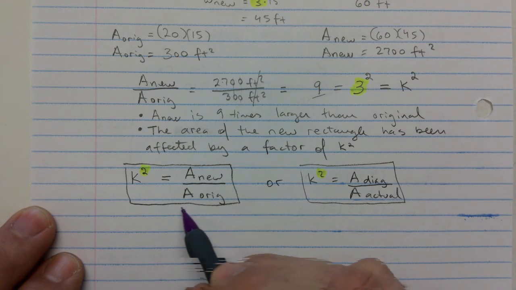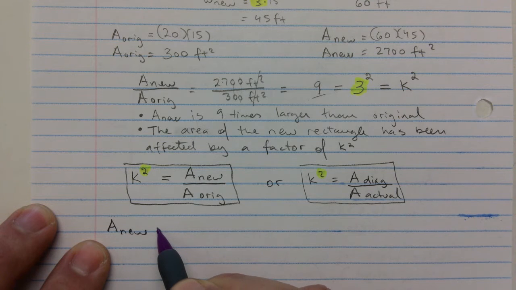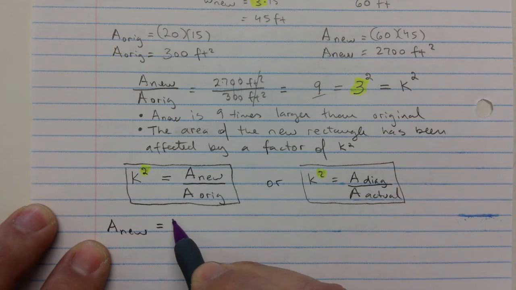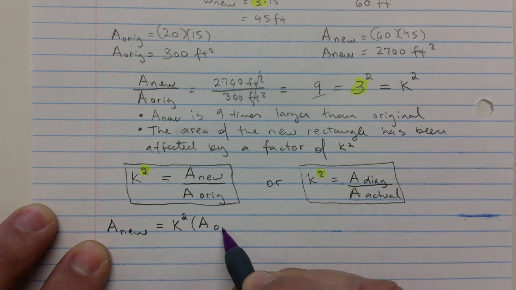So from here, I will derive this. Okay, that the area of the new shape could be found by going k squared times the area of the original shape.